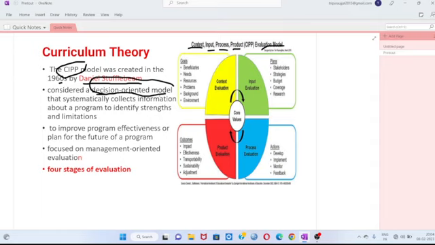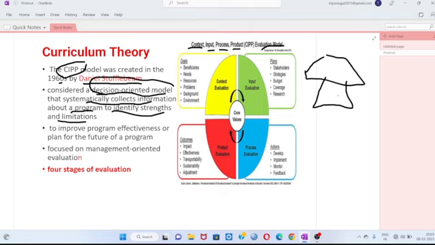It systematically collects information about a program to identify its strengths and limitations. Take the example of one school. In the school there are classes from class 1 to class 10, up to high school.